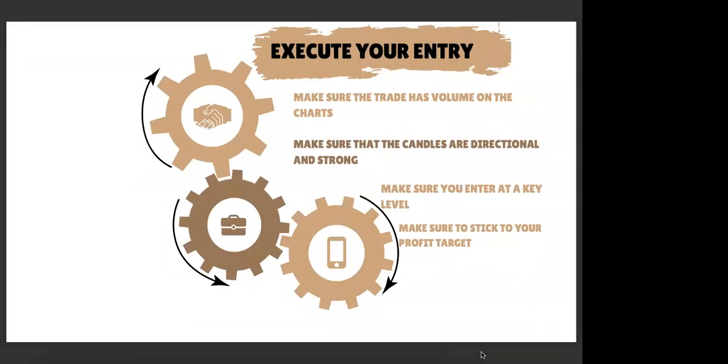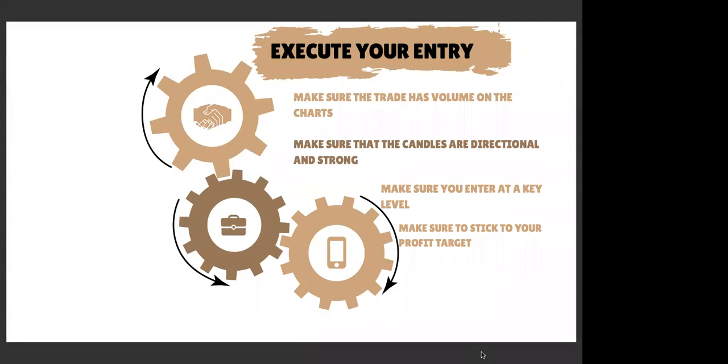Okay, so now the last thing is to make sure that you are sticking to your trading plan. Stick to whatever your profit target is. If you have a 30% goal for the day, if you have a 40%, whatever your goal is, make sure you stick to that. Once you hit what you need to hit, be okay with exiting that trade.